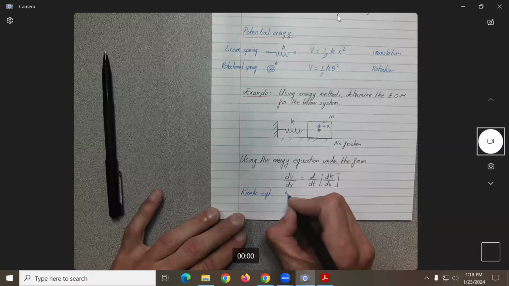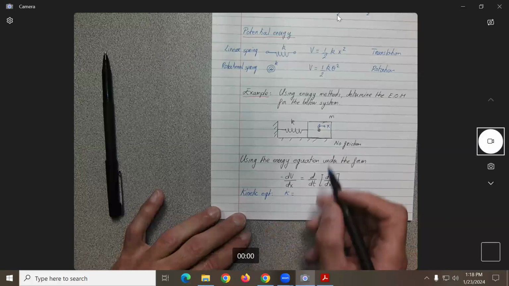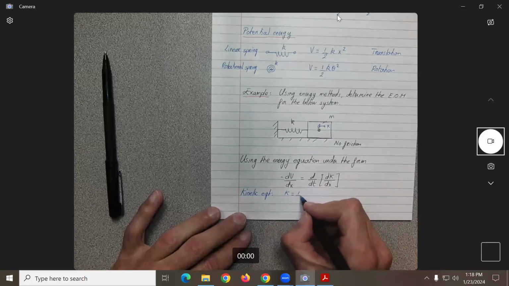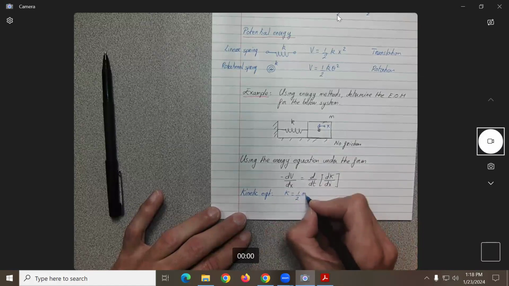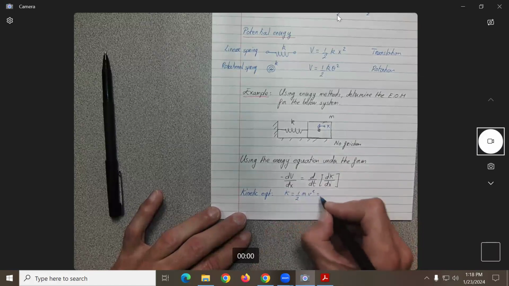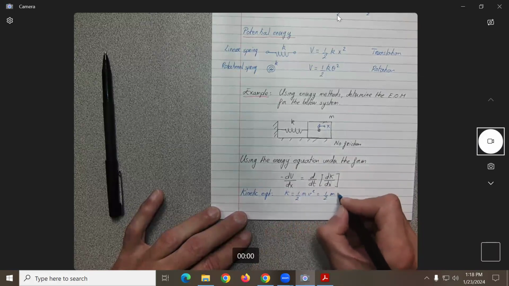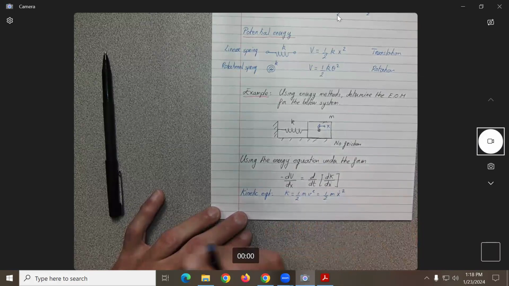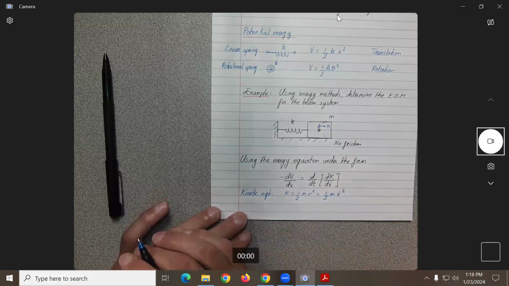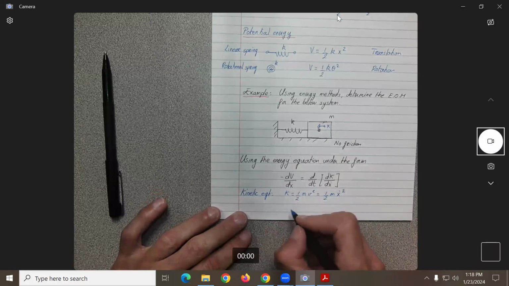So what should be the kinetic energy for that mass? One half mv squared, which should be what? One half m x dot squared, no? And what should be the potential energy?